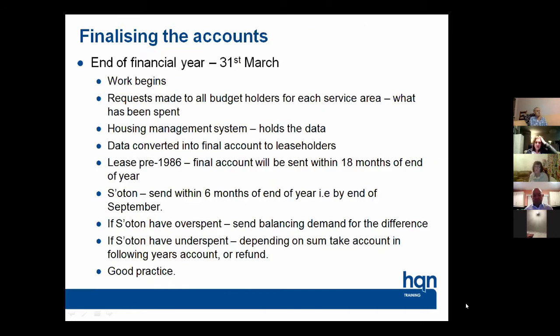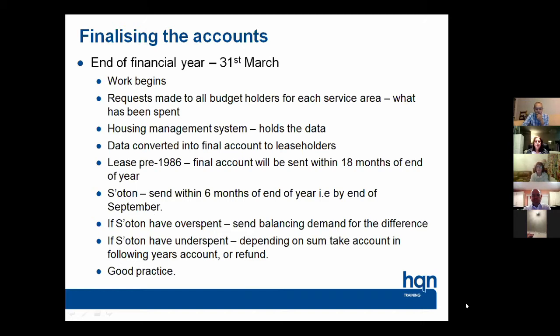Then we get to the end of the year, the end of the financial year, which is the 31st of March, and then work begins in crunching the numbers. Okay, so again, they go to the budget holders to get those figures.